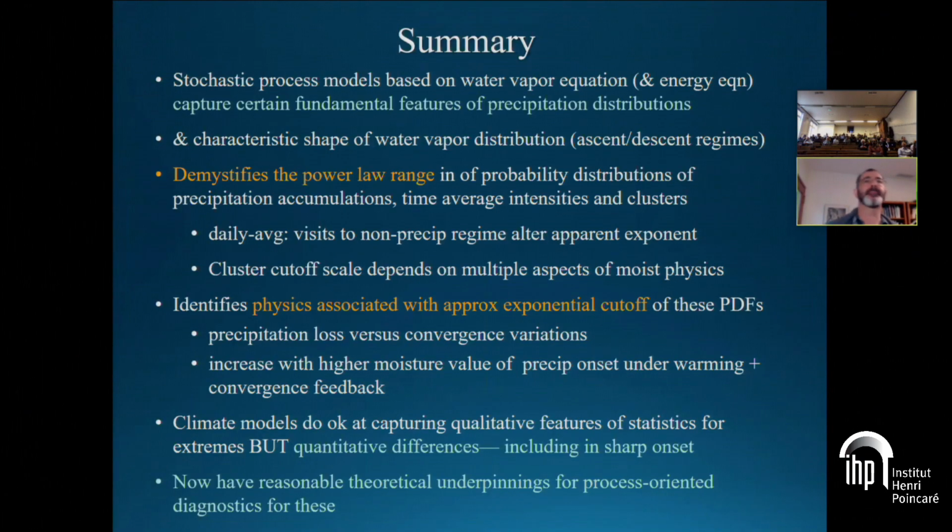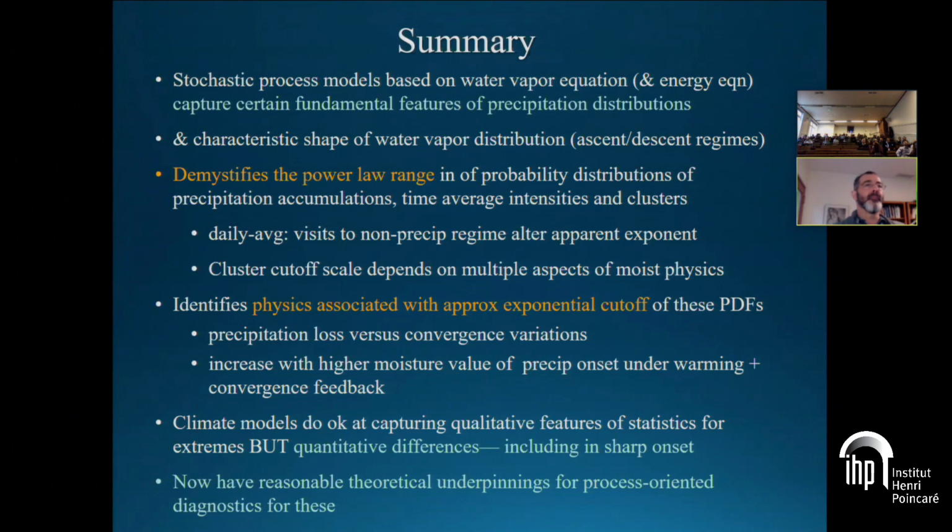Okay, and that brings me to my summary. Essentially, your stochastic model helps you with several things. It demystifies the power law range that you see in the probability distribution of precipitation, both accumulations and time average intensities. It establishes the relationship between those two probability distributions.